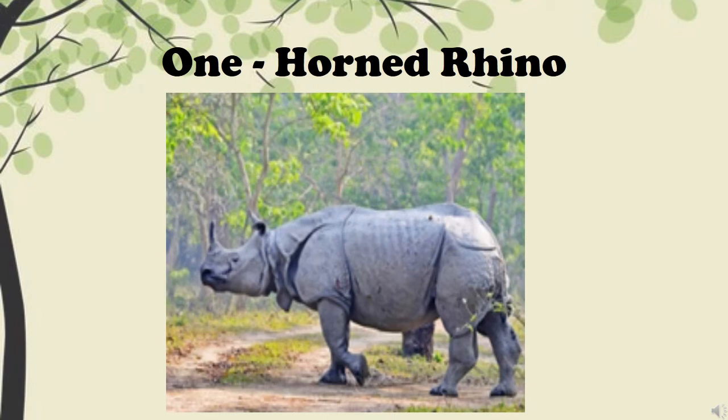They were up to the extinction, means very few rhinos were left earlier, in the beginning of the 20th century. There were around 200 left, but now due to the successful conservation efforts by the Indian government, they are slowly increasing in number. So this is the one-horned rhinoceros of India.